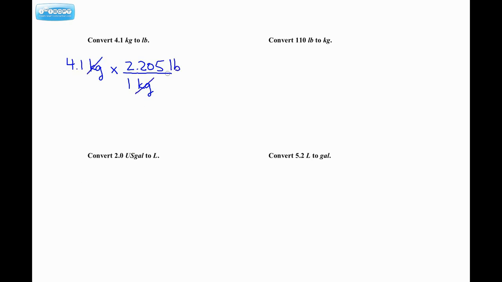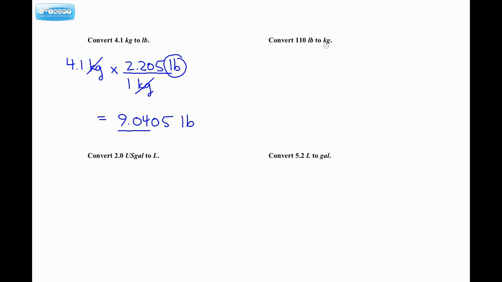So in this case I get to multiply, so 4.1 times 2.205, and I get 9.0405 pounds. You could round that to 9.04, that's fine. Eventually, well, next year, particularly in chemistry or physics, you will learn about something called significant digits or significant figures. So I'm not going to worry about that right now.